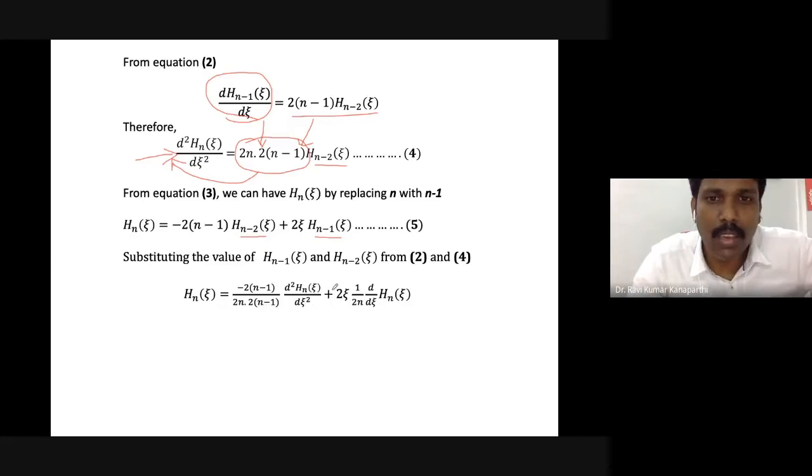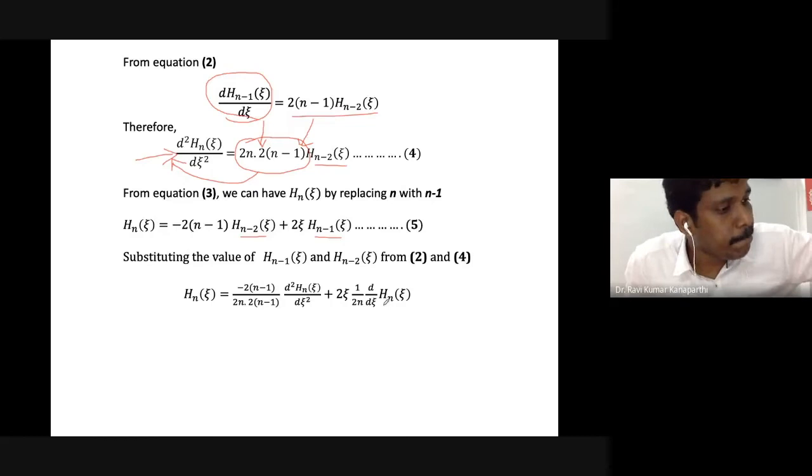Then plus 2z times Hn minus 1 of z, which is nothing but what we have already obtained: 1 over 2n multiplied by dHn of z by dz from expression number 2.